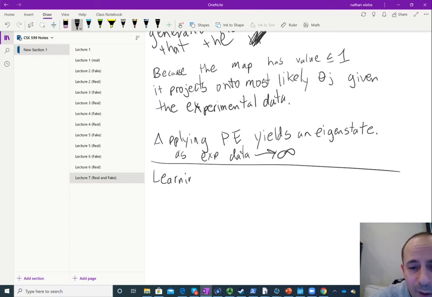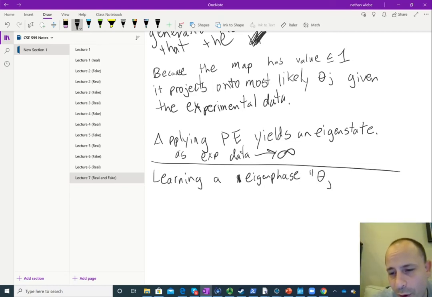So, learning an eigenphase. So, the entire learning process in iterative phase estimation, and where the eigenphase again is jargon for the eigenvalue, the logarithm of the eigenvalue theta j. So, how do we go about doing this?